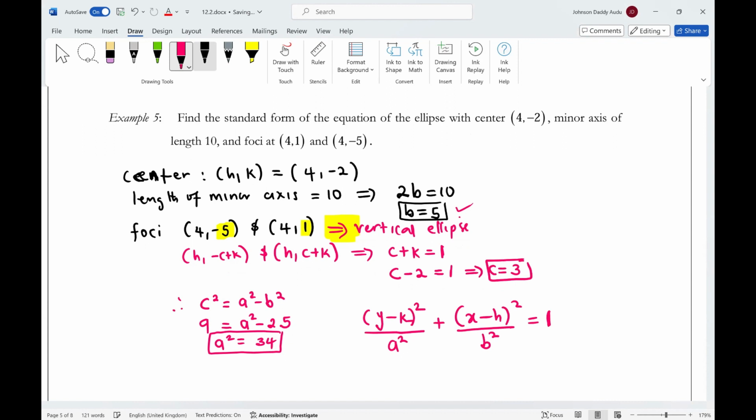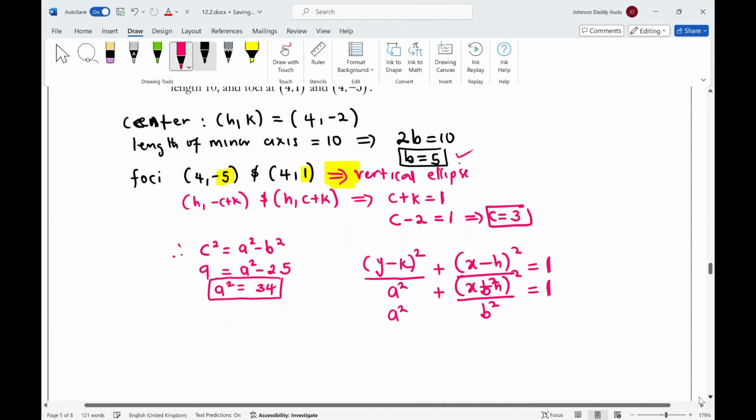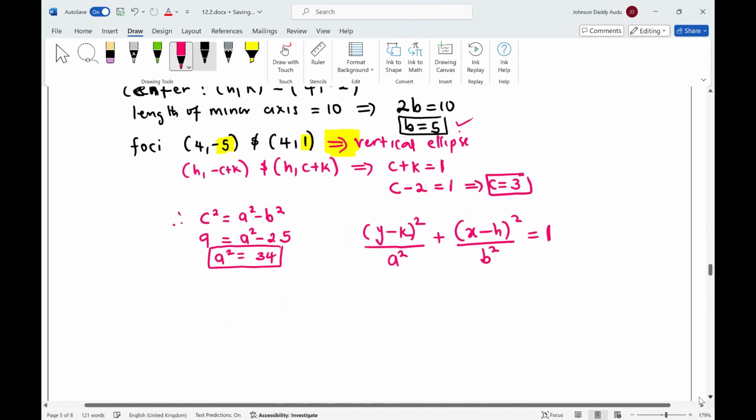Why? Because it's a vertical ellipse. Since it's a vertical ellipse, the a has to be associated with the y.